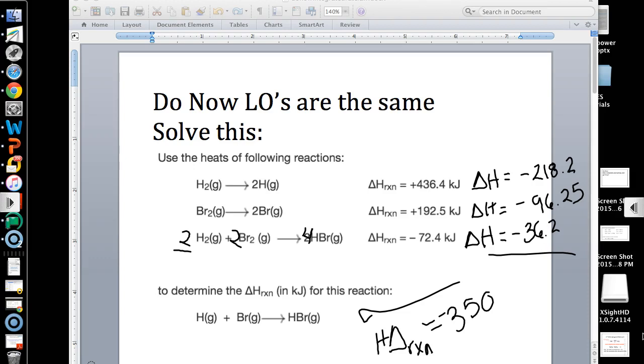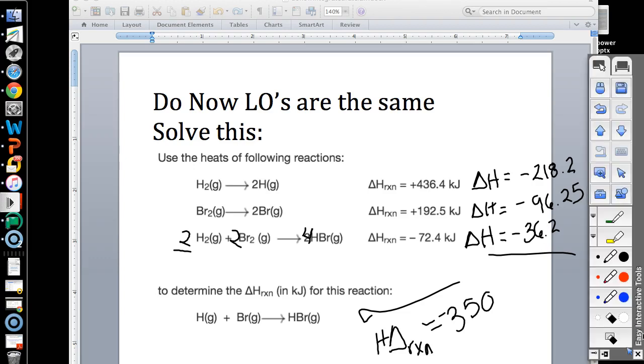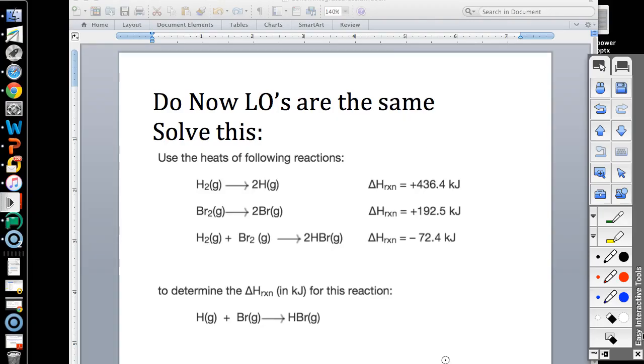Now, let's think about it like this. On those top ones where I reversed it, if I reverse this and I write the equilibrium expression, this was the top of the fraction, but now it's the bottom of the fraction. So when you reverse an equation and you're doing the equilibrium constant for it, you have to take the reciprocal of it.